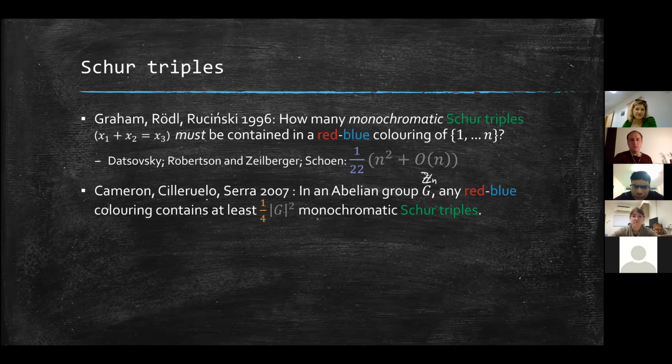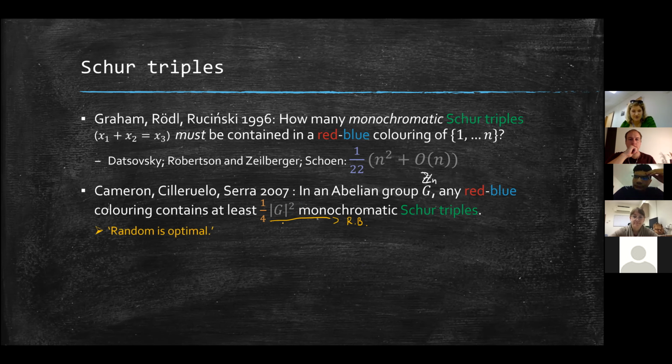And Cameron, Ciruelo, and Serra showed that any red-blue coloring will contain at least this many monochromatic Schur triples. And notice that this 1/4, I'll show that on the next slide, is actually the random benchmark for Schur triples. That's the expected number of Schur triples in a random coloring of this group G. And G squared is just the normalization. For the rest of the talk, I won't bother with that. We'll just be looking at density.